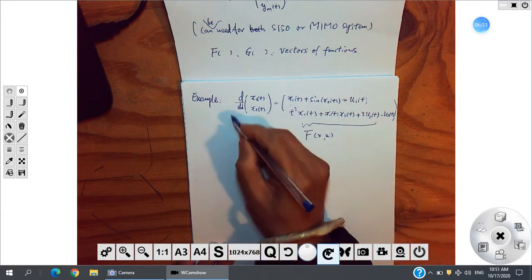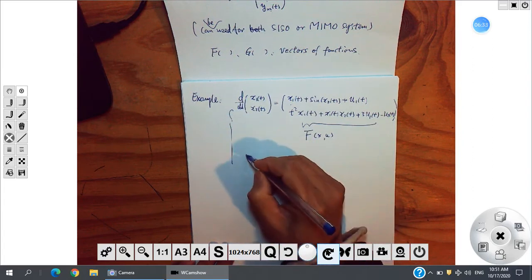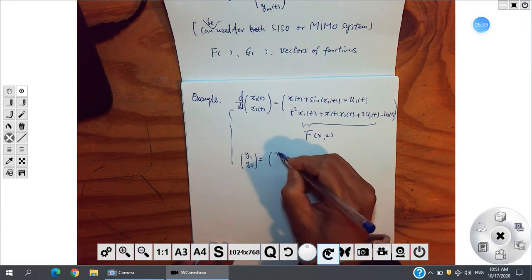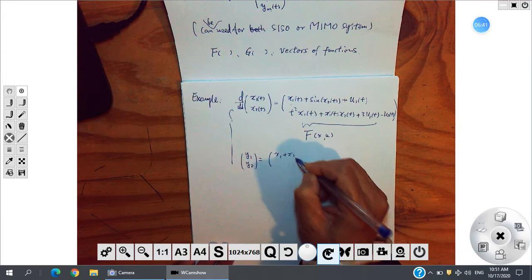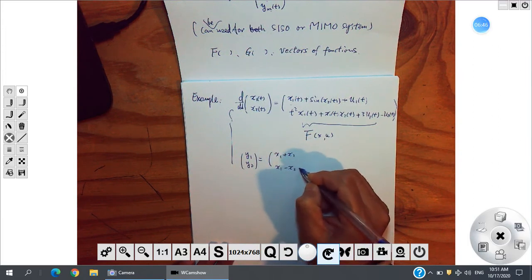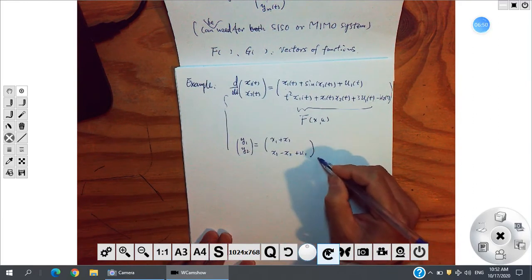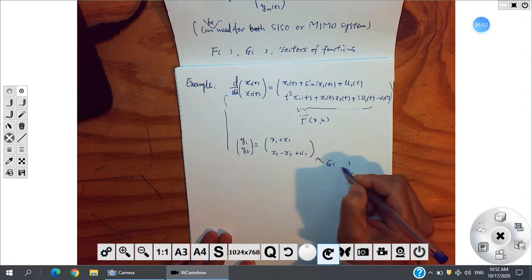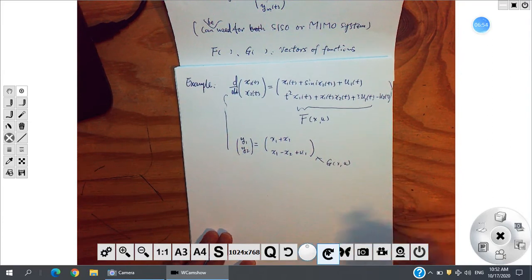You also need an output equation, like y1, y2 equal to x1 plus x2 and x1 minus x2 plus u1, for example. This is g.